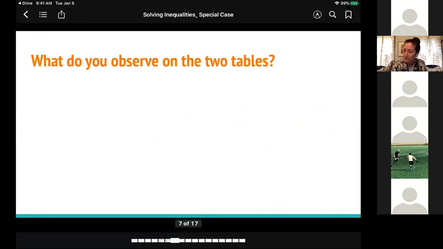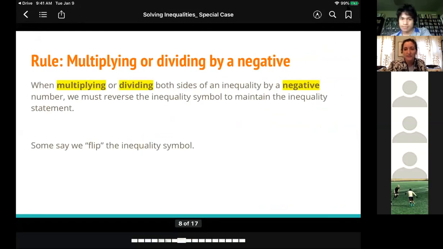All right. So your rule, and this is for those of you who have the handout, the highlighted words are where you would fill it in. When you multiply or divide both sides by a negative, part of your process is you have to reverse the inequality to maintain the inequality statement.